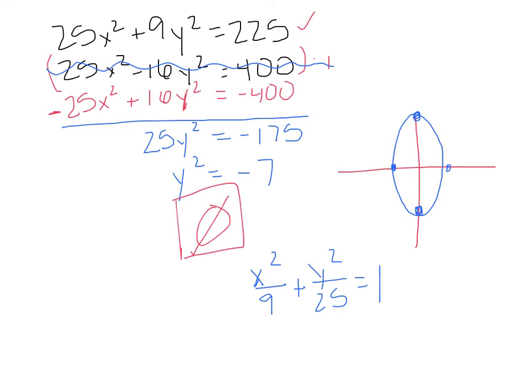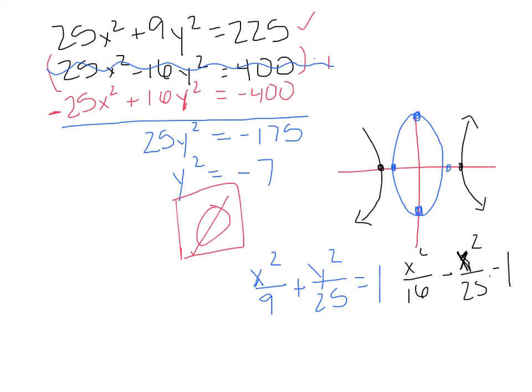For a hyperbola, we're going to end up with the equation x squared over 16 minus y squared over 25 equals 1. So this hyperbola has its branches at 4, 0. So you can see these guys never cross. So this system happens to have no solution.